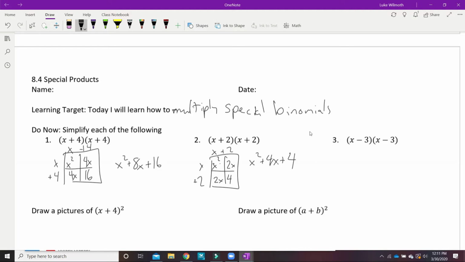And then finally this one here, x minus 3, x minus 3, x squared minus 3x minus 3x plus 9. This ends up being x squared minus 6x, because negative 3 and negative 3, plus 9. And that is pretty much what we're going to be doing today.